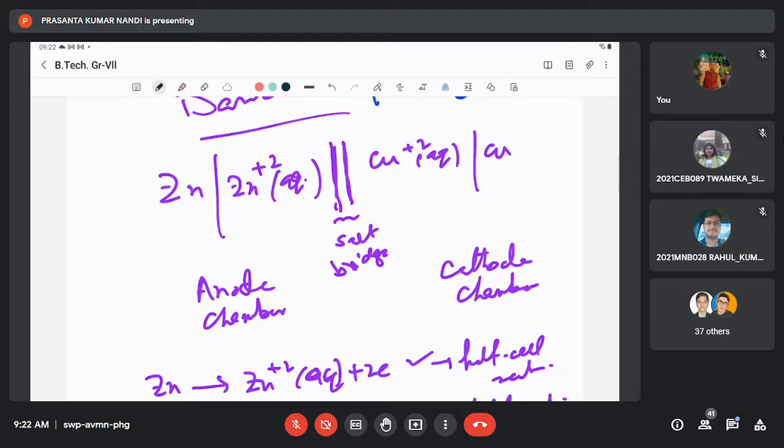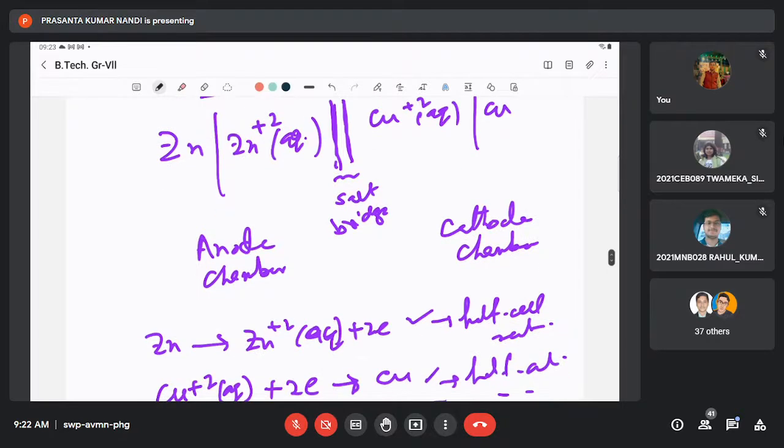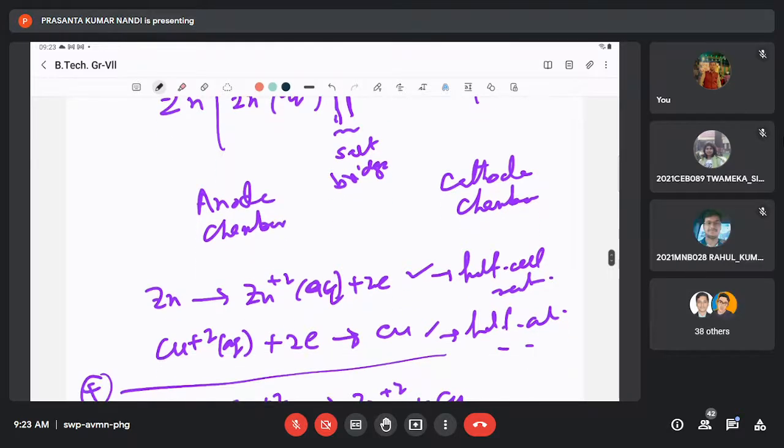Why do we call this the anode chamber or cathode chamber? Because anode means oxidation. In the left hand side half cell, the reaction is represented like this, wherein zinc metal passes to the aqueous solution as zinc plus two ions, leaving two electrons that would be deposited on the electrode itself, that is on the zinc rod.